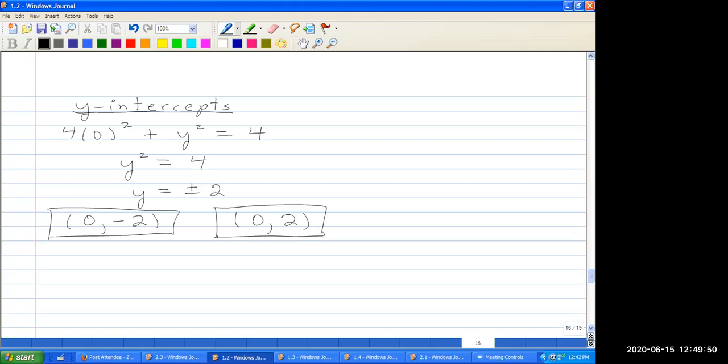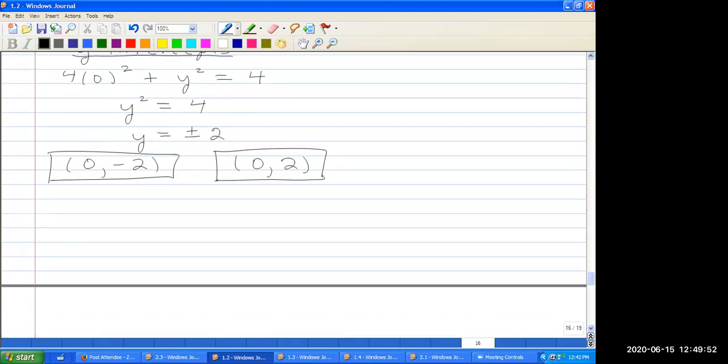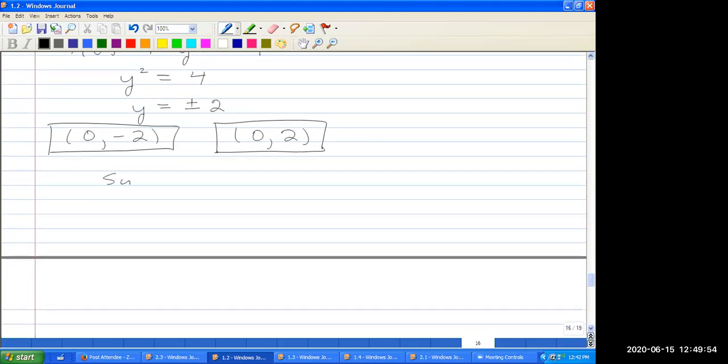Okay, so now let's look for symmetry. Let's say about the x-axis.